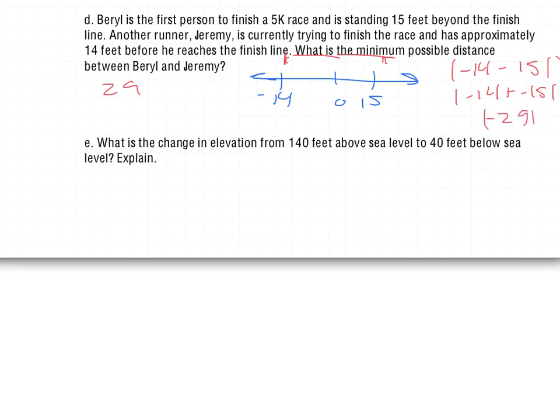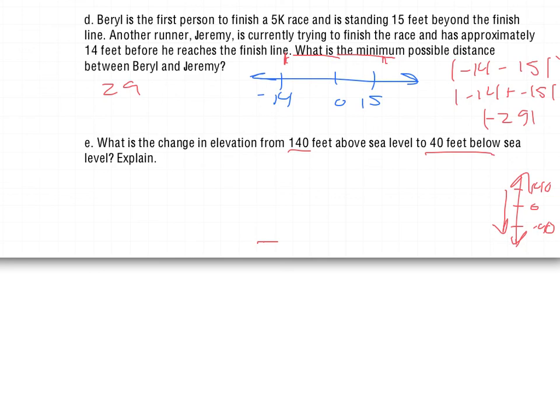And last one, change in elevation from 140 feet to 40 feet below. So thinking about this quickly on a number line, at -40 and 140, we're going from 140 down to -40, so our answer should be negative.